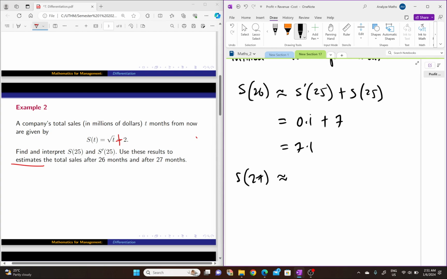Okay, an increment of 1 month, which means after 25 it increases 0.1 in the 26th month. And then for us to get the 27th month, it increases some more 0.1. So we have to write here 0.2, if I want to use this S prime 25, 0.1 twice is 0.2. But actually this is not accurate, but if the question asks you like this, estimate only, then we can do it.